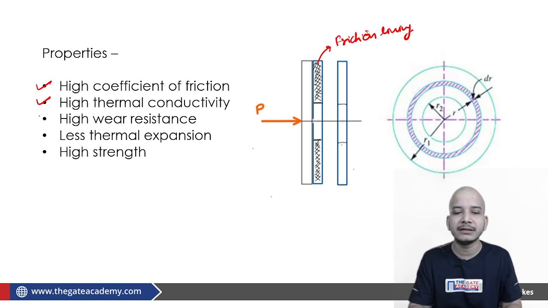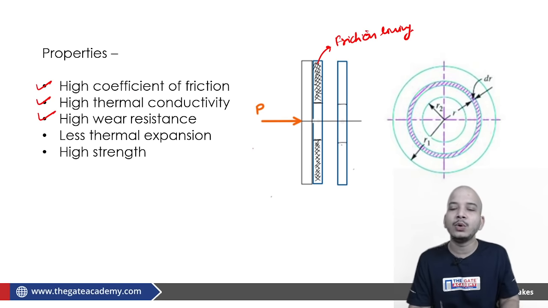Fine. High wear resistance, of course. Friction is the cause of motion transmission, and friction is also the cause of wearing out. In order to have the life of our clutch on the higher end, we need high wear resistance as well. In the same way, less thermal expansion is also required.